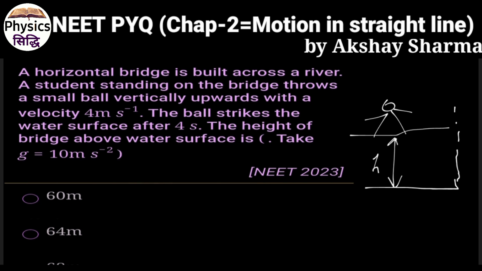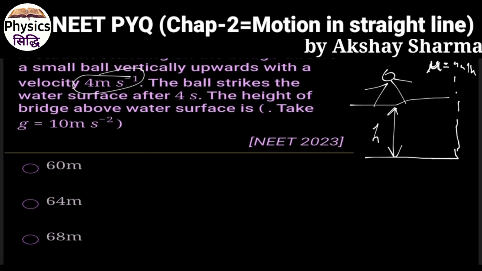So he throws at velocity v equals 4 meter per second. Sorry, it is actually u equals 4, because it is the initial velocity, and g is this one. From the second equation, displacement s equals ut plus half a t square. Let's sort out some confusion here. If we throw something vertically upward or from some height on the earth surface or some water surface, then gravity acts as minus g.